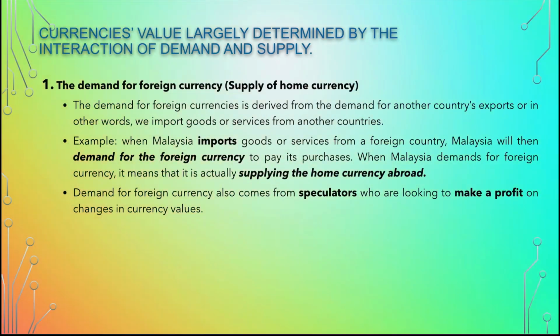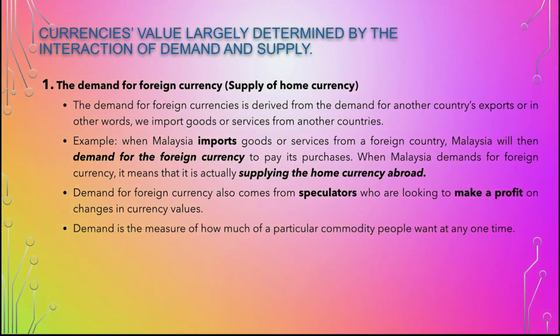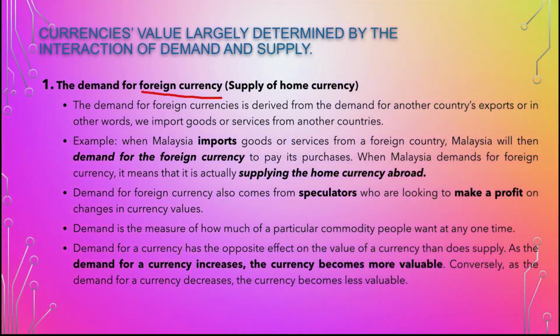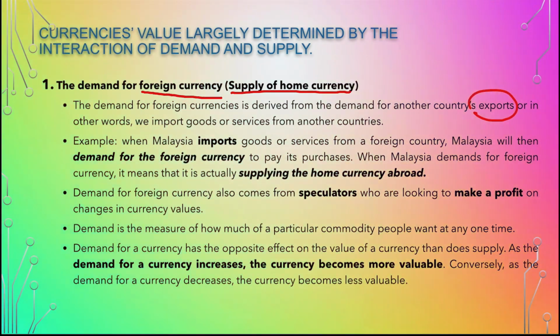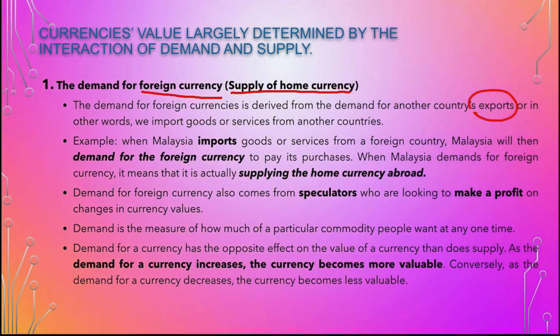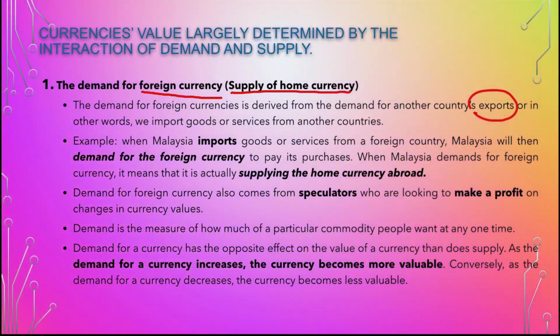The demand for foreign currency, or in other words, we can say the supply of home currency. The demand for foreign currencies is derived from the demand for another country's exports, or in other words, we import goods and services from other countries.